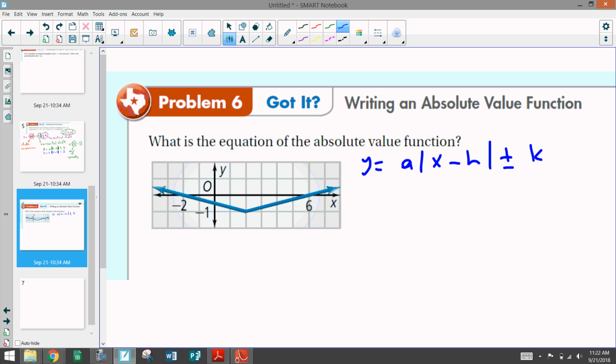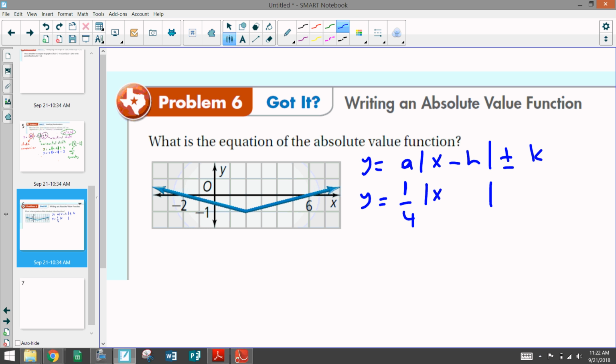Since the slope changed, what is the new slope, class? 1, 1, 2, 3, 4. So the new slope is 1 over 4. Is that clear? Rise over run: 1, 2, 3, 4. And then x minus h and plus or minus k.